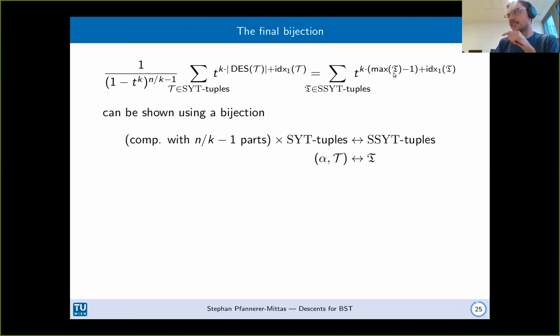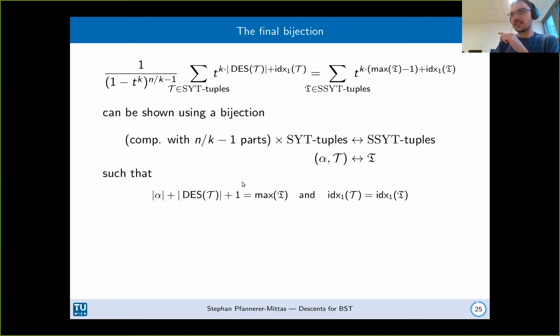And on the right side, we have the semi-standard Young tableau tuples that we had from the Schur identity, where we have the maximal entry minus 1 and also the position of the leftmost one. So what we can indeed do is get a bijection where we take a composition and a standard tableau tuple and map it to a semi-standard Young tableau tuple.